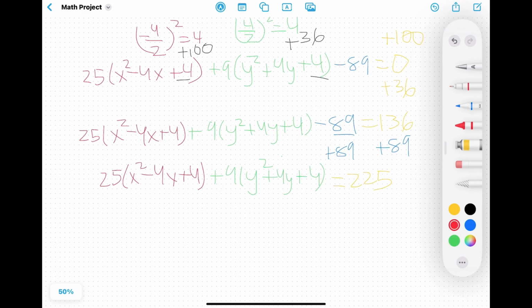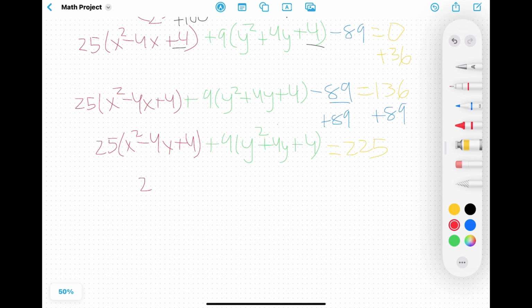And now we can finally complete the square. It's 25 times x minus 2 squared plus 9 times y plus 2 squared equals 225. So you'd want the equation to equal 1, so we would divide everything by 225.